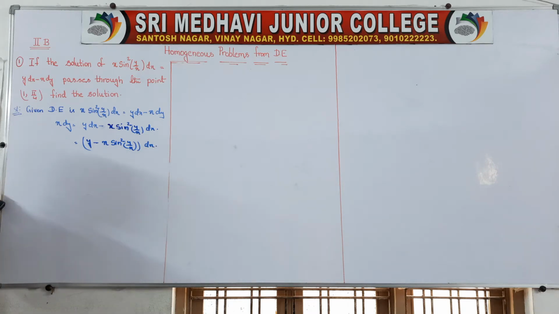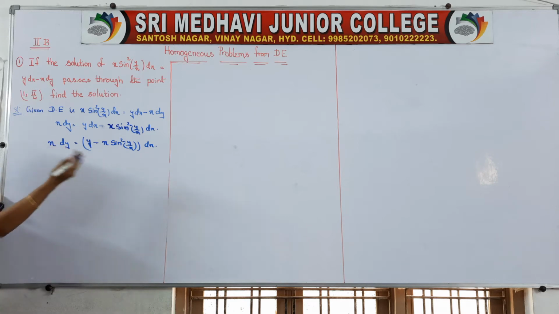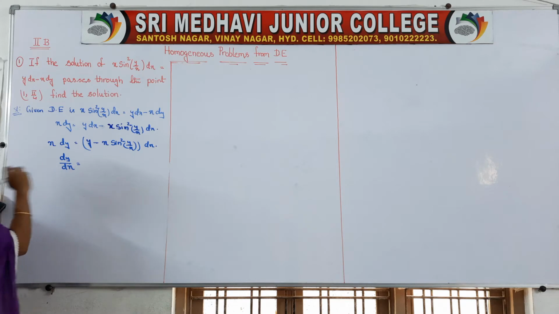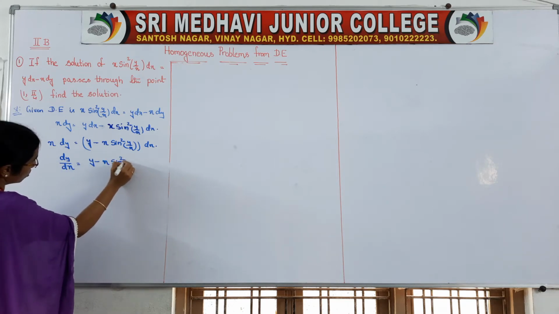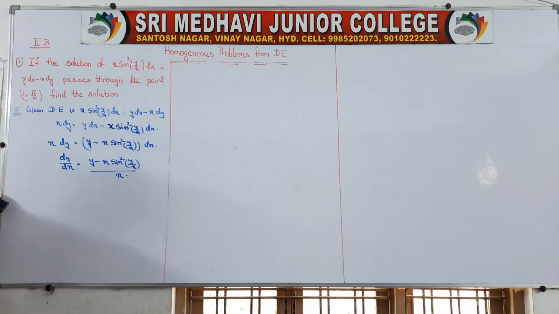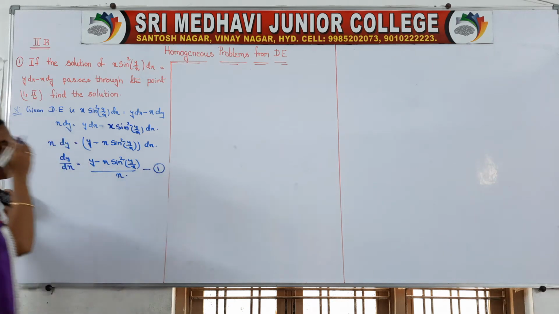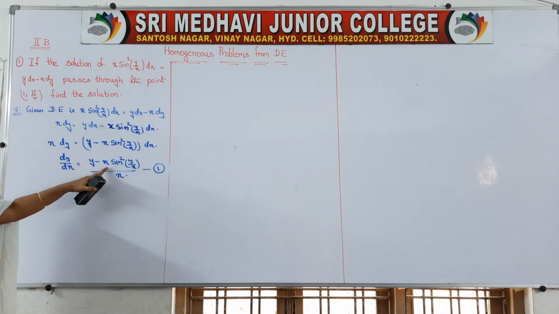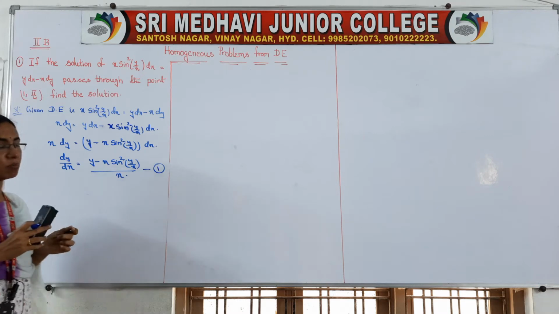Now bring x to this side, so dy by dx is equal to y minus x sine square y by x, all divided by x. Consider this as equation number 1.